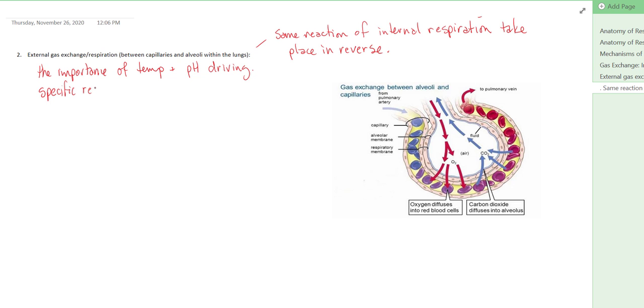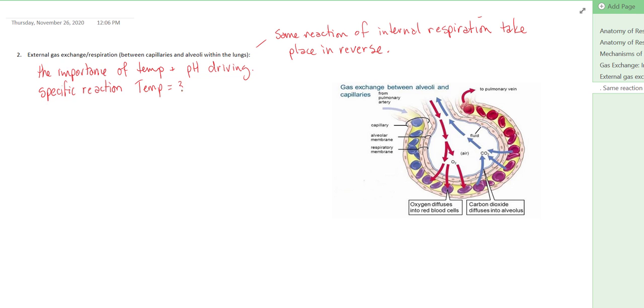All right, and so if you recall down deep within the tissues, the temperature is warmer, pH slightly more acidic. When blood enters into the tissues of the lungs and in the regions of the alveoli, the temperature drops a bit.